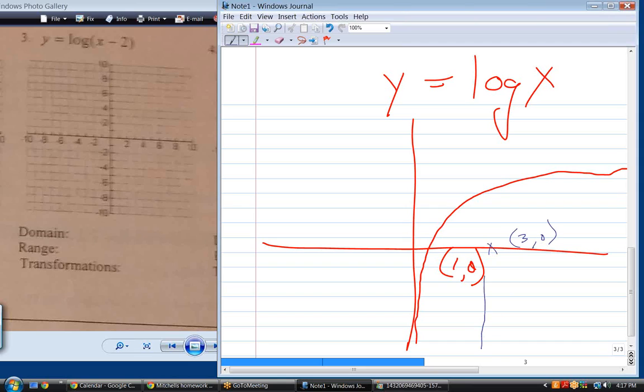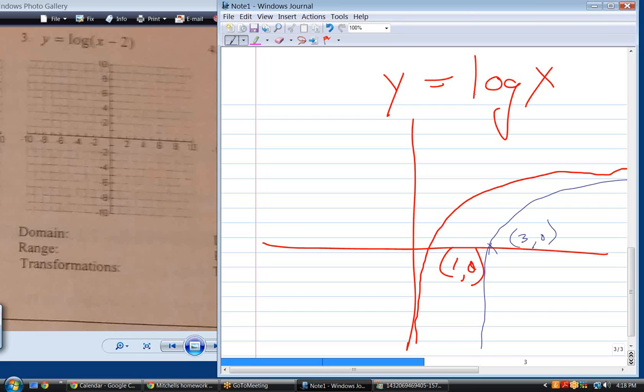And there is a vertical asymptote on this function. Where's the vertical asymptote of the elementary function? 0. Correct. Where's the vertical asymptote of this transformed function? x equals 2. Yeah. In other words, it's not a point, it's a line.